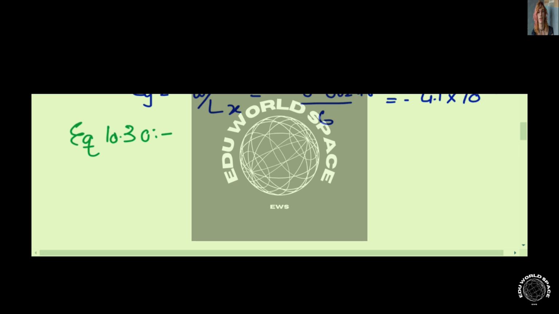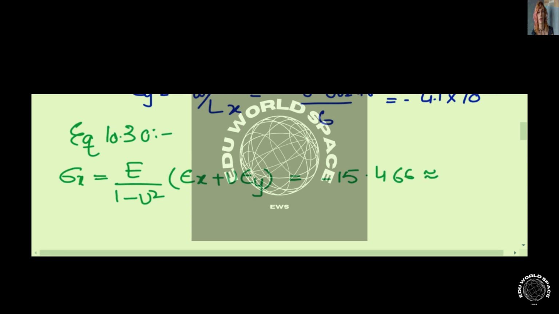So equation 10.30, sigma x is equal to E divided by 1 minus the square of nu, right? Then in the parentheses, we have the strain in the x direction plus nu times the strain in the y direction, right? Now again, you have the values, just plug them in and you will get that it is equal to negative 15.466, and that is approximately equal to negative 15.5 ksi, right?